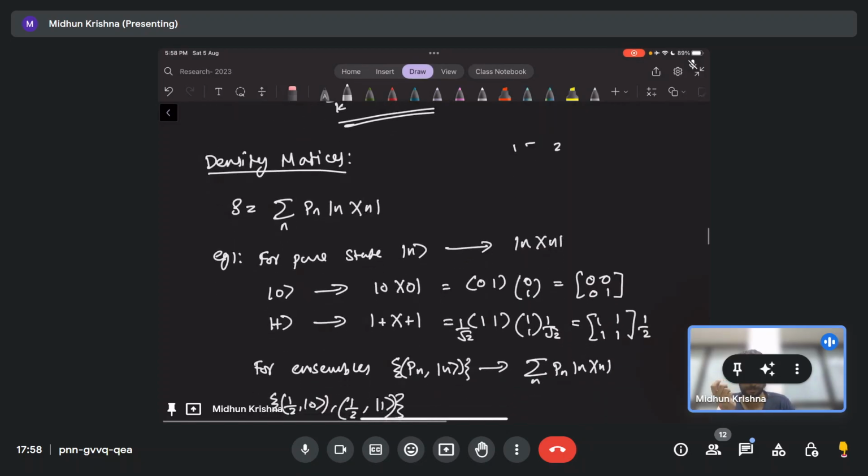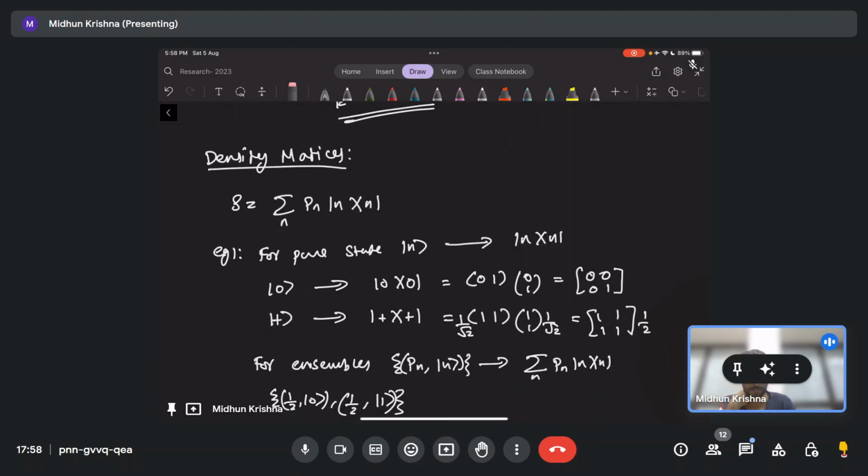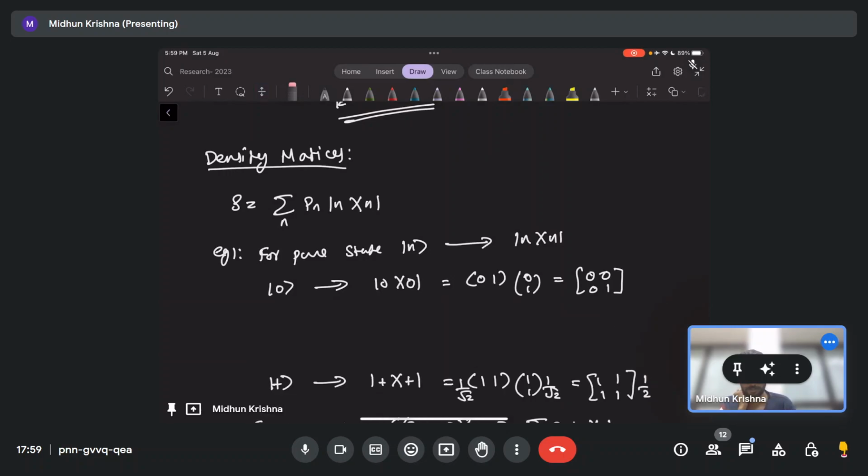Let's do some examples so that you know how to deal with density matrices. If I'm given the pure state |0⟩ with p equal to 1, with full probability, I'm giving you exactly the state |0⟩. If I have Pn coming with probability n, then my density matrix is of this form.